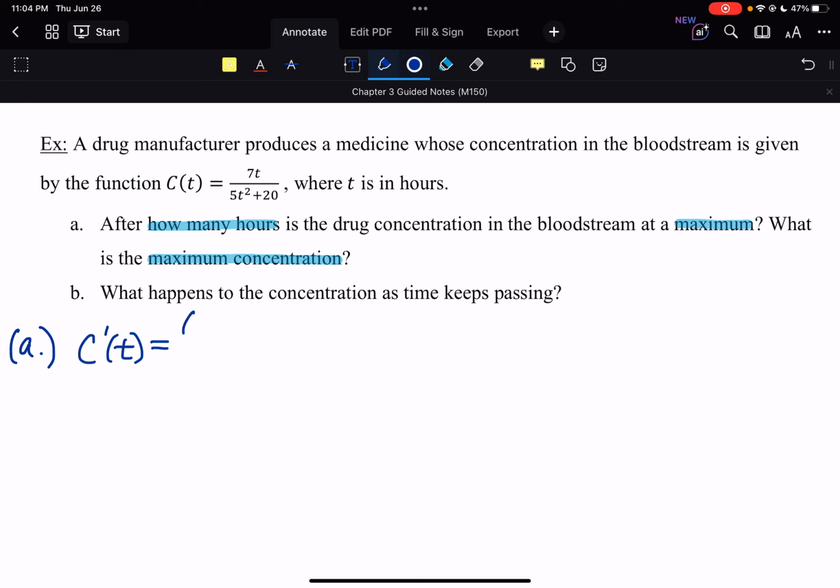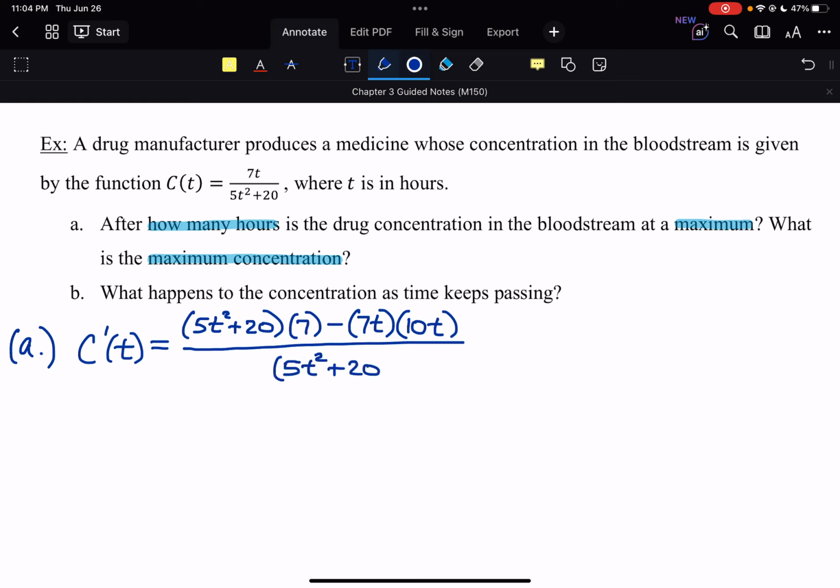So we're going to take low d high, so derivative of the top is 7, minus high d low, so that's 10t, all over low squared. So let's see what we get here.